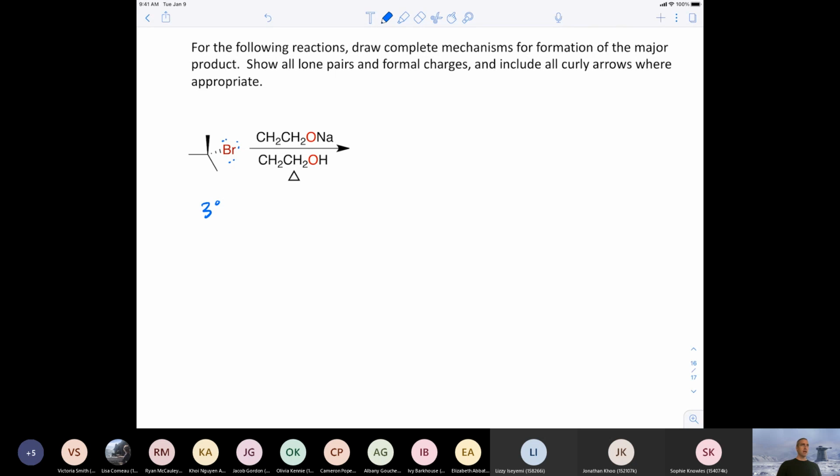These are alkoxides. That's what's in our heads. Get rid of the sodium plus. Don't worry about the neutral solvent. It's going to be this thing that's going to be doing our reactivity. We have a small alkoxide and tertiary, which means it's going to be E2.